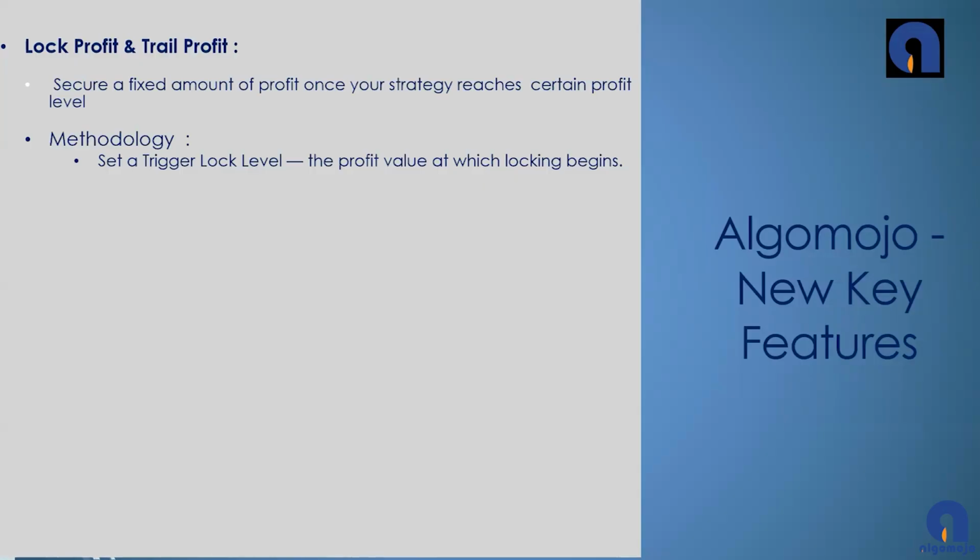You can set a limit saying that, okay, once I have reached a profit of, say, 10,000 rupees, you enable this facility for locking the profit. Once you do that, you can also define that, okay, if my profit has crossed 10,000 rupees, the minimum that I need to take home is, say, 7,000 rupees or 8,000 rupees for that trade. You can say that also.